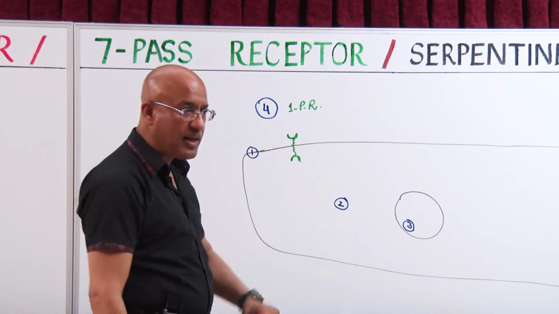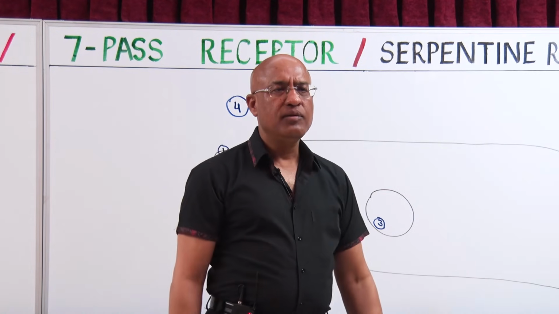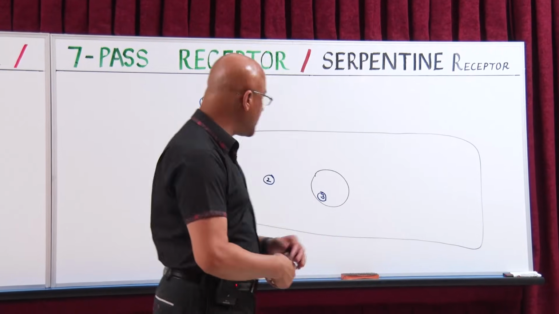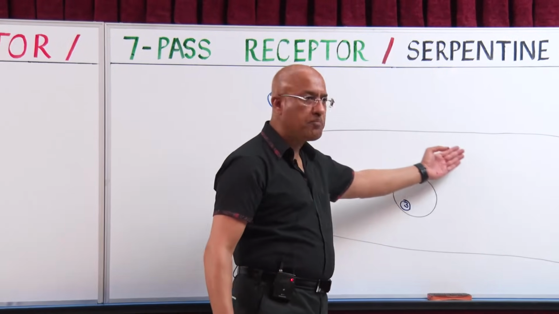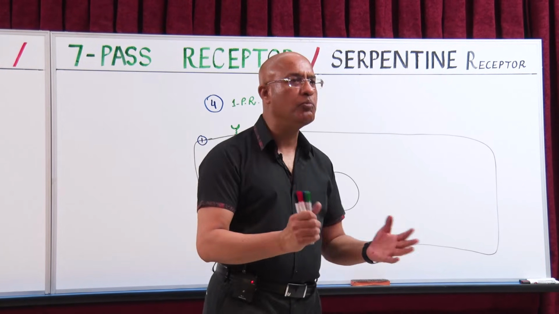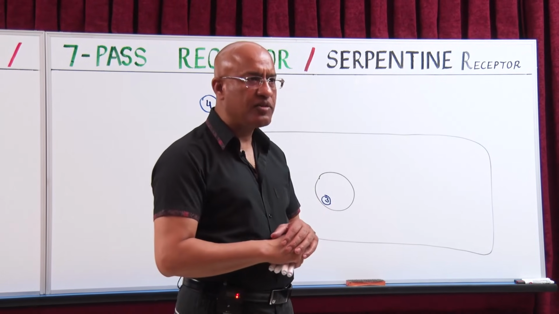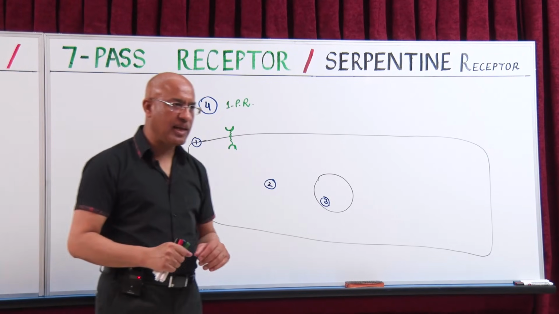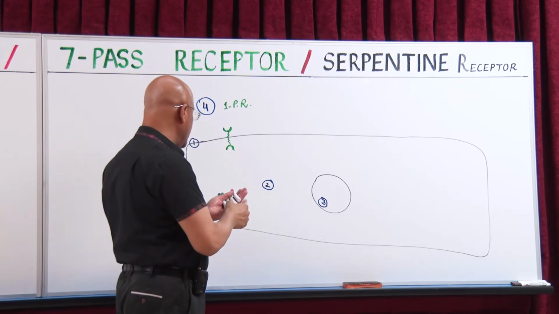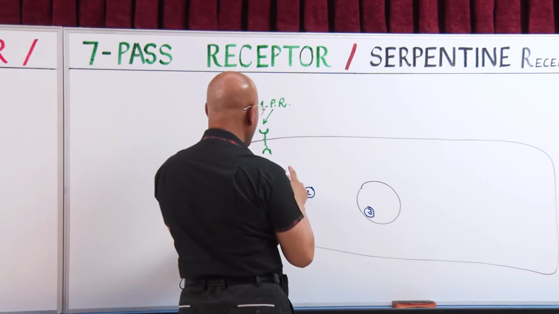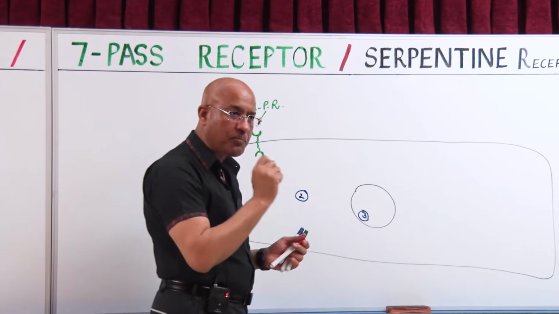One pass receptor. Then there are receptors which, of course, consist of peptide chains. Most of the receptors which are on the membrane are peptide chains, one peptide chain or more than one peptide chain. There are receptors which are not one pass receptors. There are more pass receptors, like 4 to 5 pass receptors.